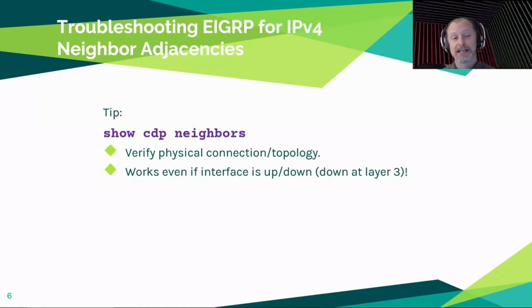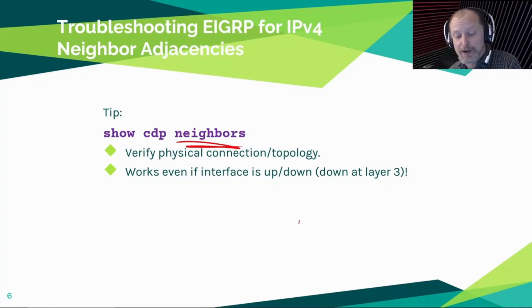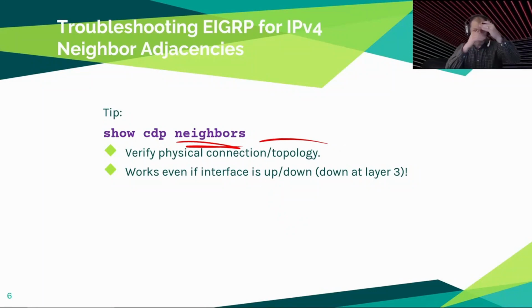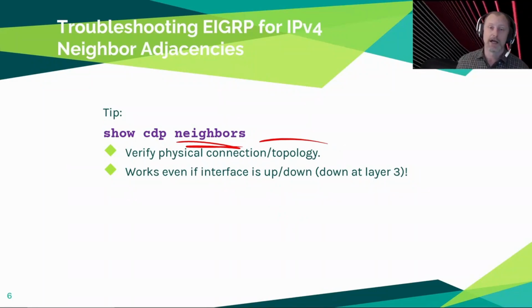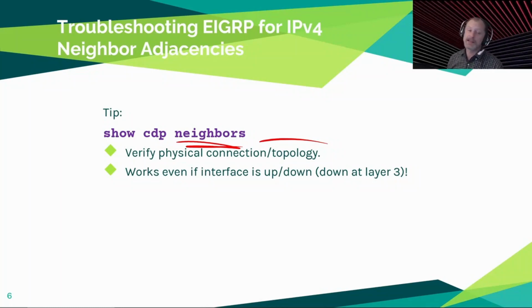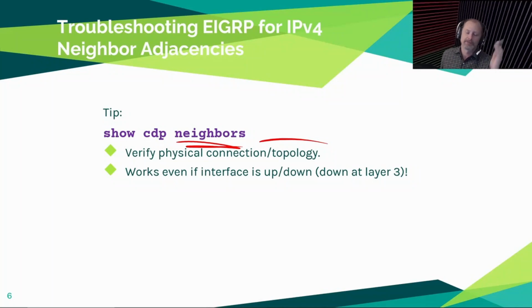Especially if you specify a specific neighbor and add the word detail to it, you can really drill down a lot. But if there's no IP address on the interface, then it won't be able to give you any IPv4 or any IP information.